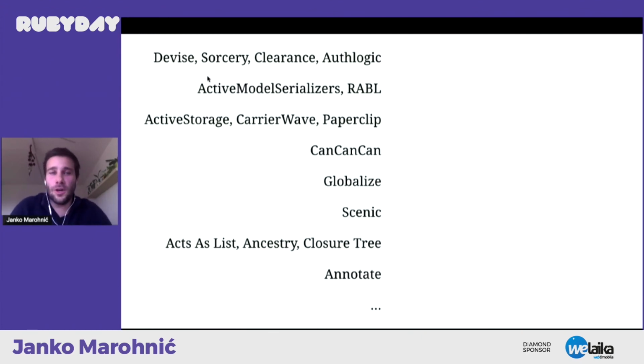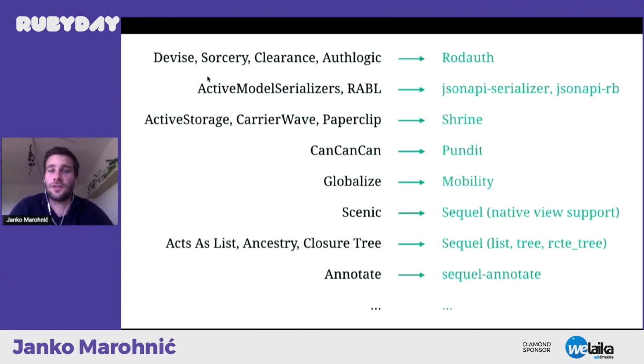You also need to replace some gems that assume ActiveRecord with alternatives that are much more inclusive. Of course, you won't have direct replacements for everything, but I feel that the alternatives are growing, both in terms of quantity and quality.